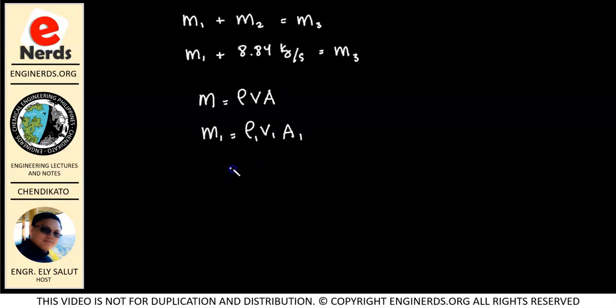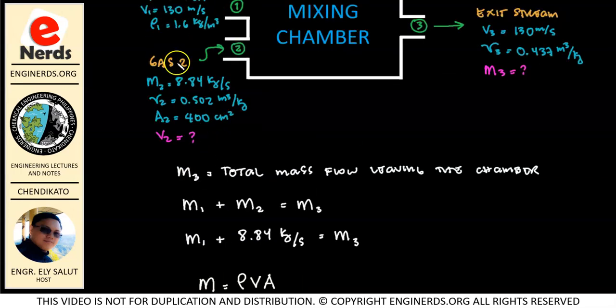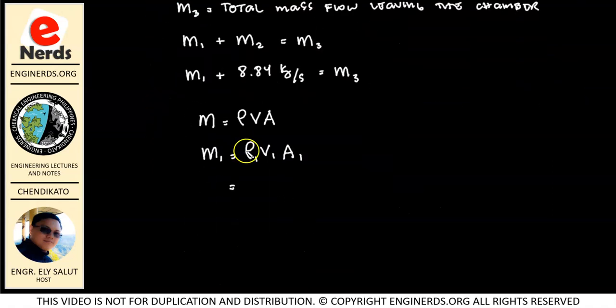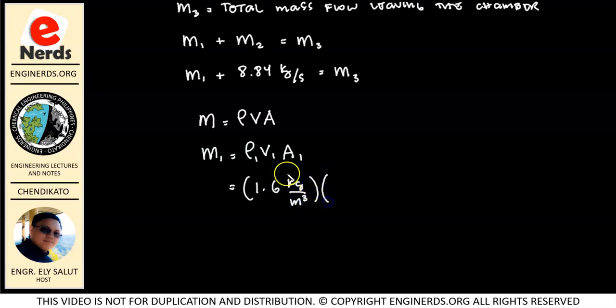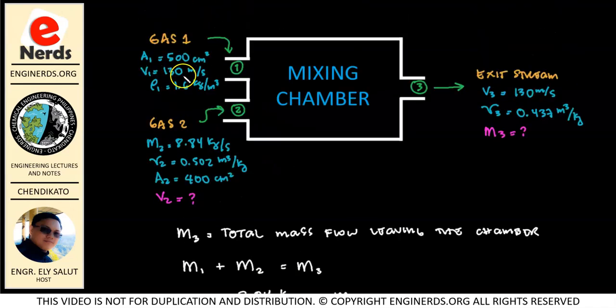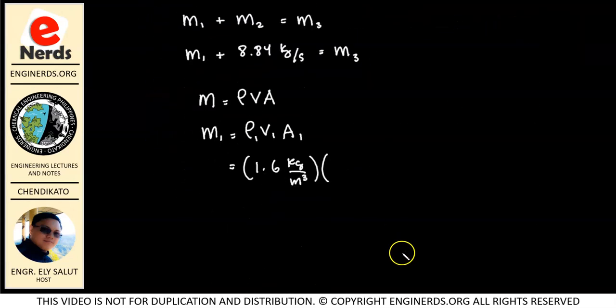So, substitute lang natin yung mga values natin. So, our density 1 is 1.6 kilogram per cubic meter times our velocity in stream 1, given din yan. Velocity in stream 1 is 130 meter per second.